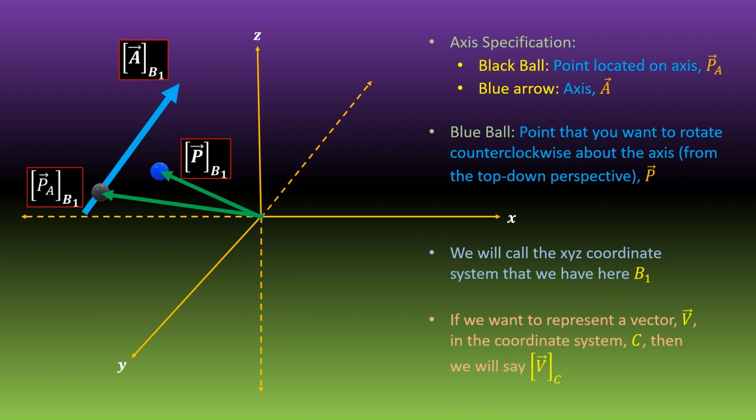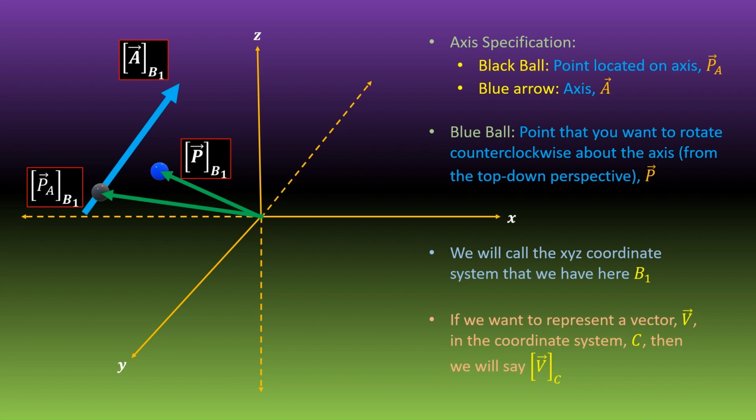So what we're going to do here is that if we want to represent some vector v in terms of basis c, then we're going to put brackets around the vector, and as a subscript we'll put down the basis that we want to express it in terms of. So for example, we have P expressed in terms of B1, and that's that blue ball right there.